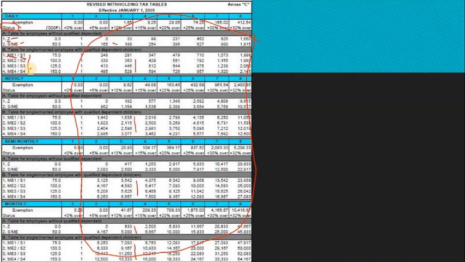Meaning, you are a worker and you have your dependents. For ME1, you are a married employee and you have 1 child, or 1 dependent. For S1, you are not married, you are single, but you have a dependent. And so on and so forth.